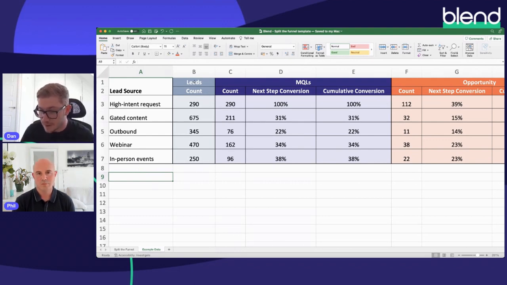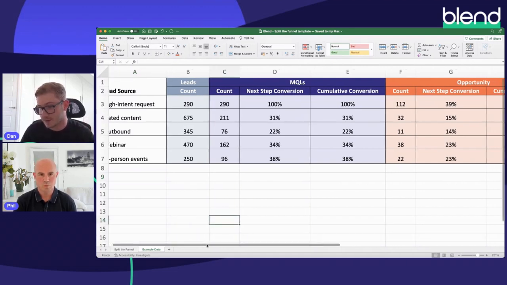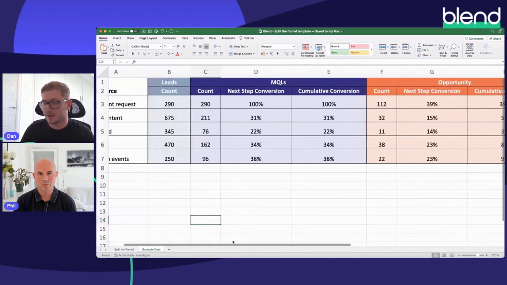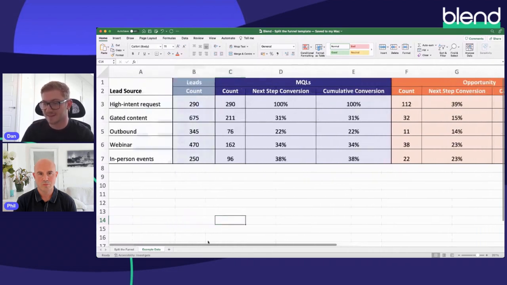And then work your way through to the next stage, which is likely to be MQL. And then have a look at that conversion rate from lead to MQL. So when it comes to high intent conversions, I'm assuming in most cases, you're going to count that as an MQL. We at Blend count any high intent requests as an MQL.